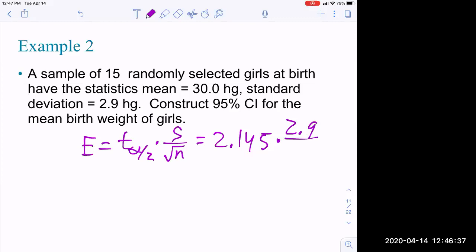And now make sure you put the original N in there, which is 15. So I'm going to calculate that margin of error. I got 1.61. And it would be these hectograms, but I won't worry too much about that.